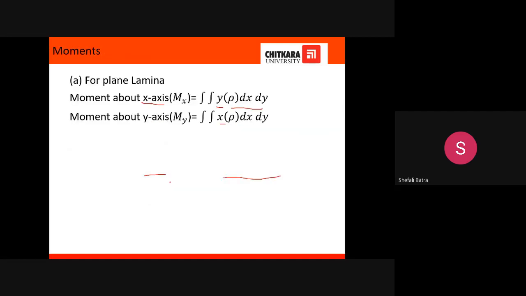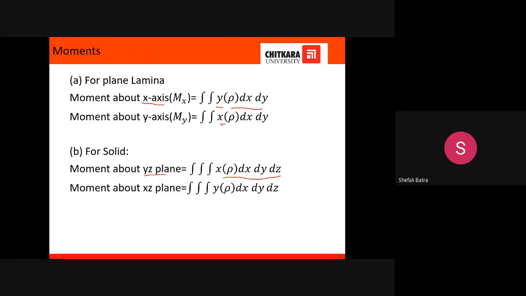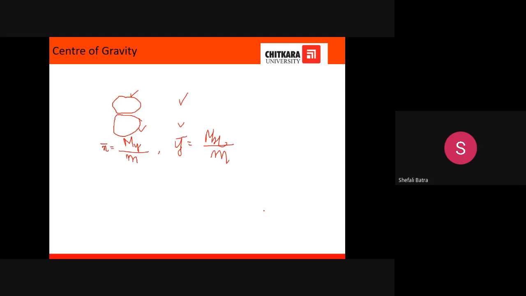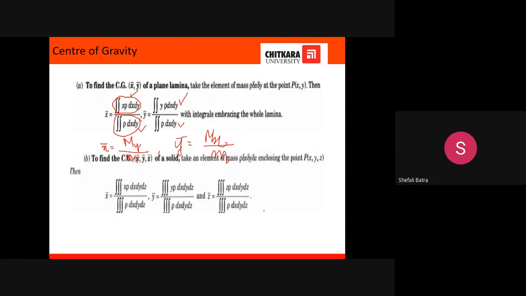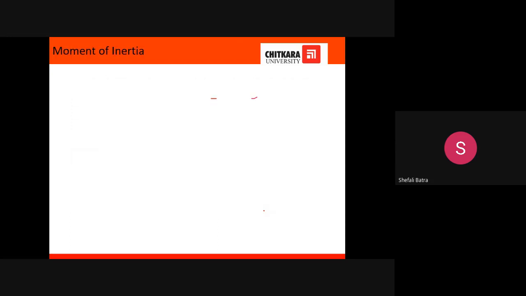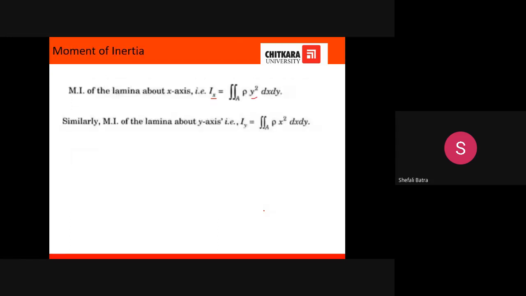Now, when you're finding the moment, again, rho dx dy. If you're finding along x-axis, in the formula you'll be putting y. Along y-axis, you'll be putting x. Similarly, in yz plane it is x, in xz plane it is y, and in xy plane it is z. And notice, rho dx dy dz will be as it is. Similarly, for centroid, you will require this.